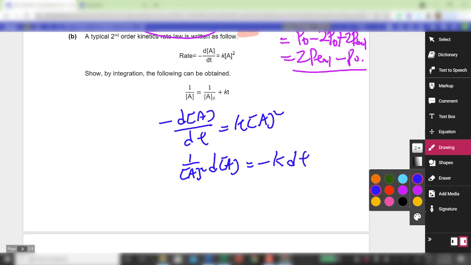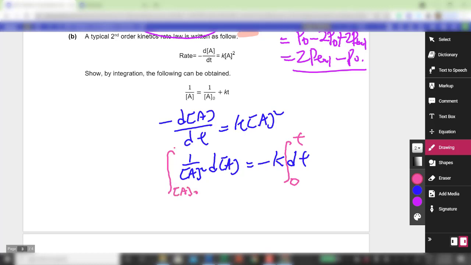Okay, so same thing, exactly the same thought process. I'm going to perform an integration. The limit is from time 0 to time t, and in our case here, it will be from A0 to A.